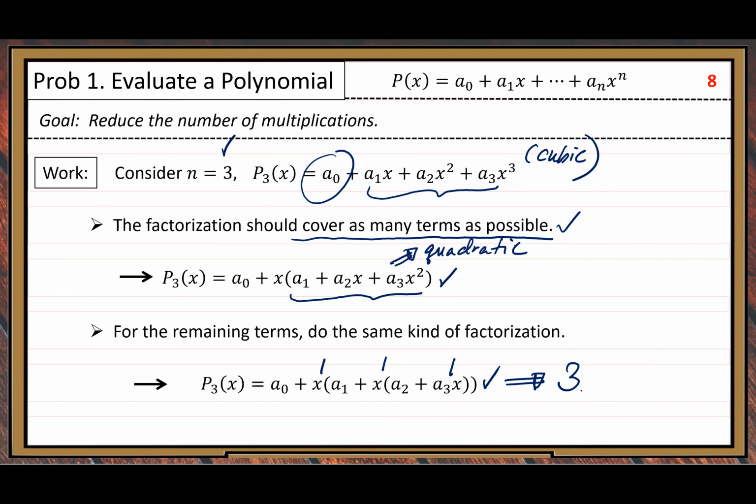If we go back to the original form using the old way, we need 1 plus 2 plus 3 multiplications: 1 here, 2 here, 3 here. So we get 6. The reduction is from 6 to 3.